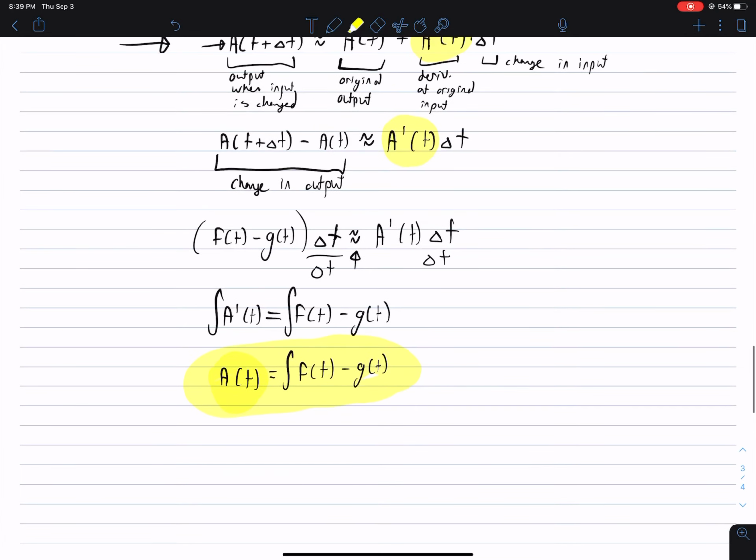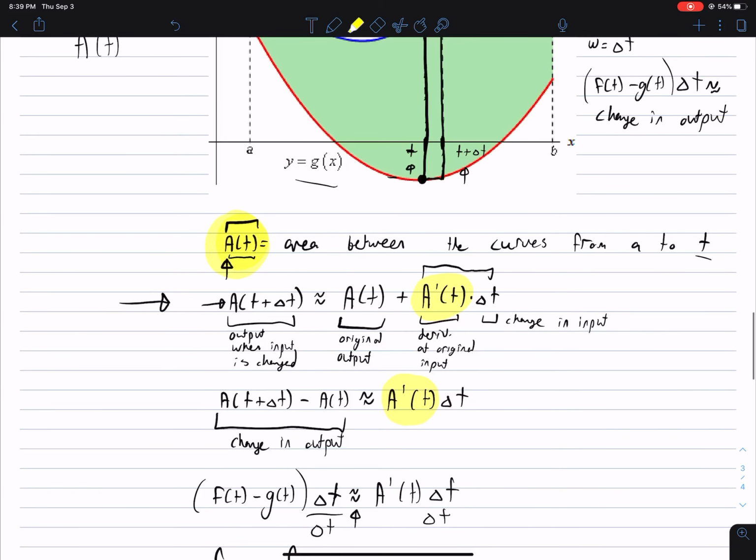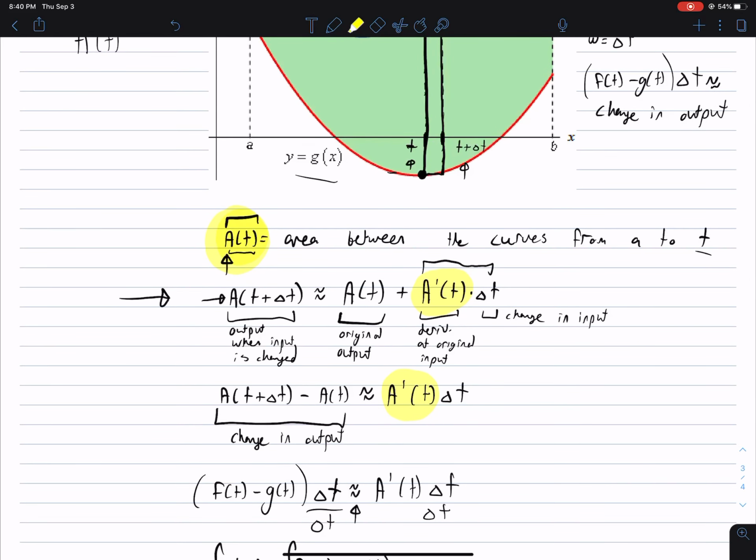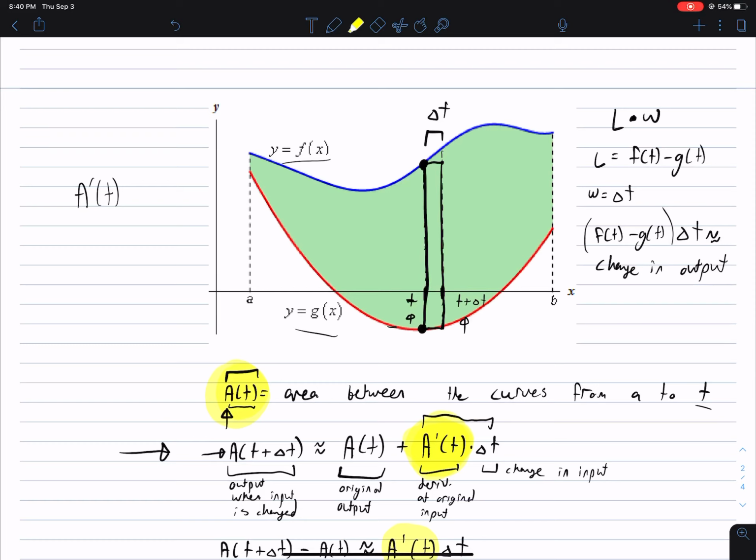So, quick recap. We wanted A of t. The way we're going to find A of t is by taking the integral of A prime of t. So, to get A prime of t, we have to use a formula that has A prime of t in it and get it by itself. And we need to establish what A prime of t is. And to do that, we can look at our graph and see what we can pull from our graph. It just so happens that the way we labeled it gave us a way to calculate approximately the change in output.